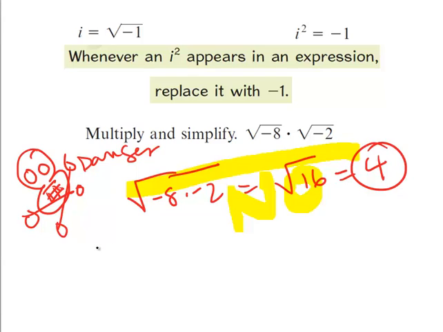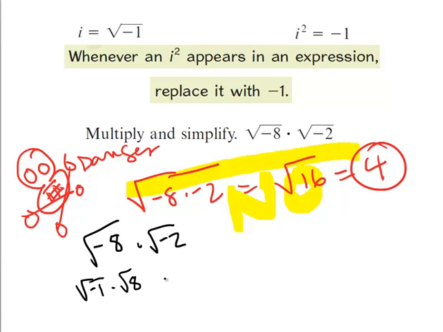So if you have square root of negative 8 times square root of negative 2, that's the same as saying you have the square root of negative 1 times the square root of 8 times the square root of negative 1 times the square root of 2. Now, this and this, yep, that's definitely the square root of 16.